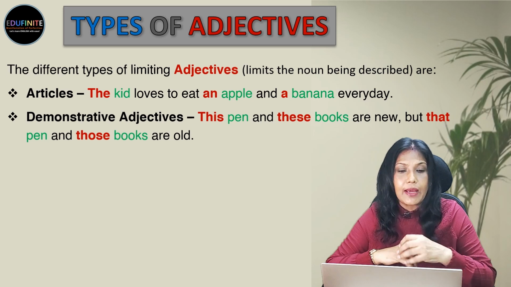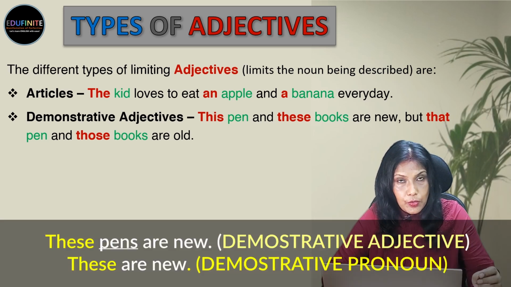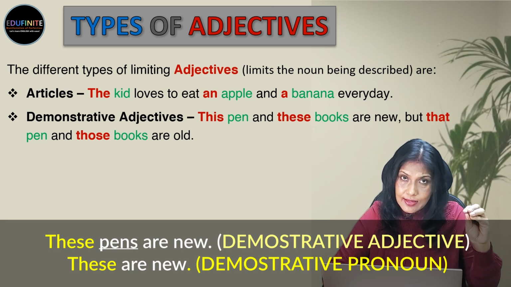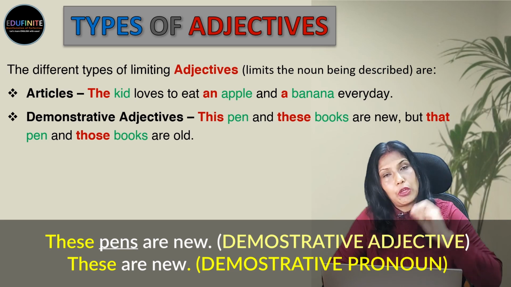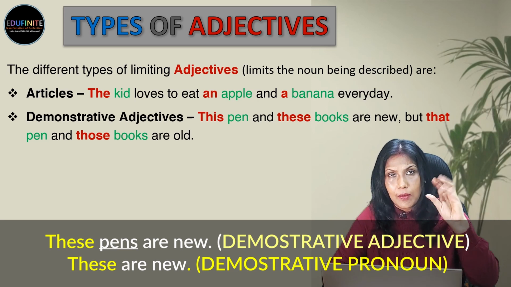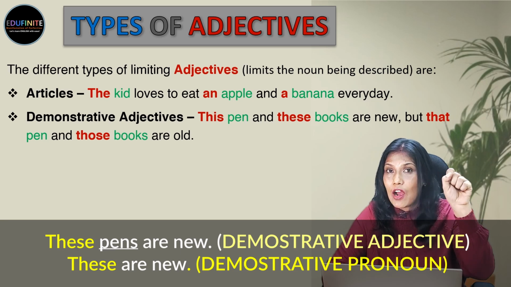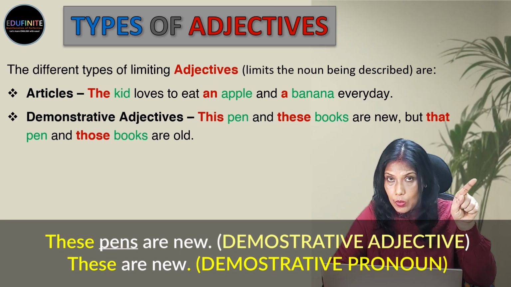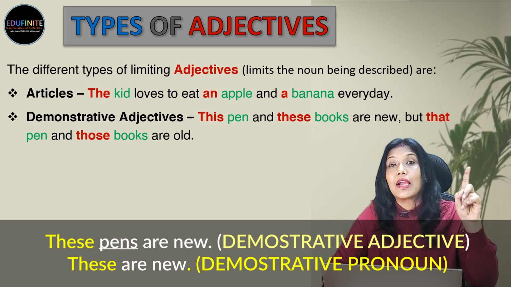For example, when I'm saying these pens are new, I'm showing the pens and I'm saying these pens are new. But again, I can say these are new. Omit pens because you're already seeing this is a pen.